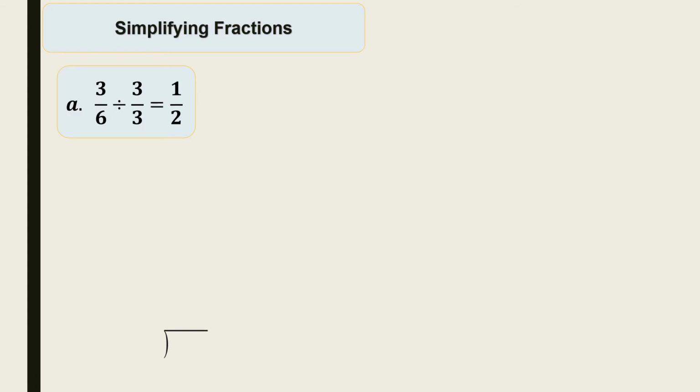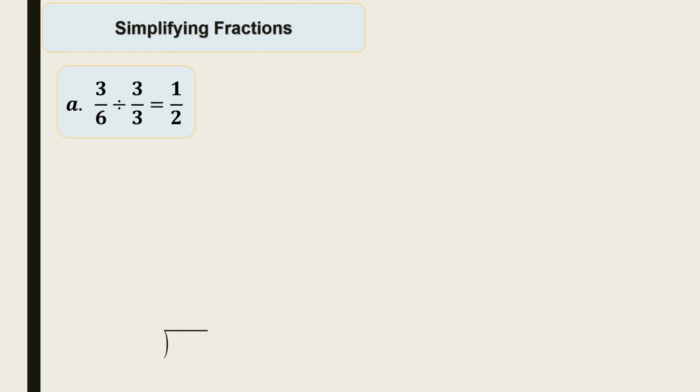How to simplify a fraction. Okay, so simplifying a fraction is you need to simplify a certain number or a certain fraction. Just like this, 3 over 6. You need to locate a number that if you divide the numerator, it is also available to 6.